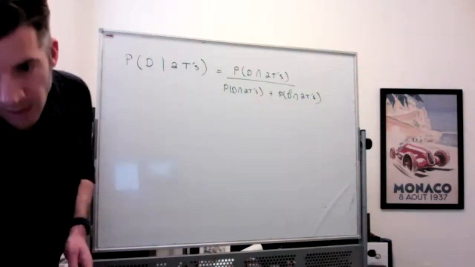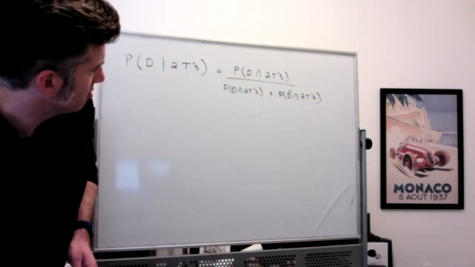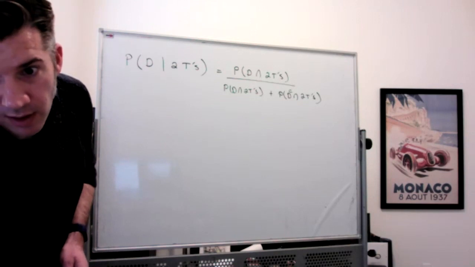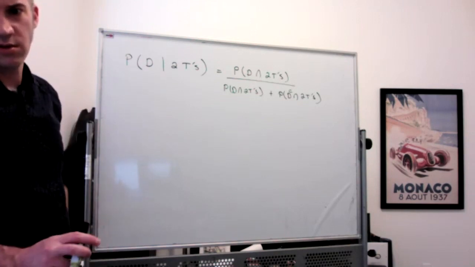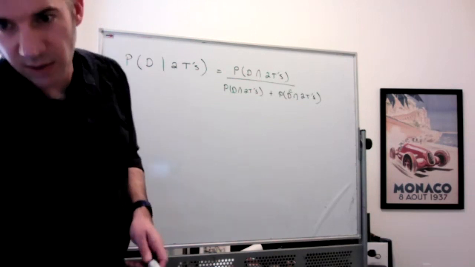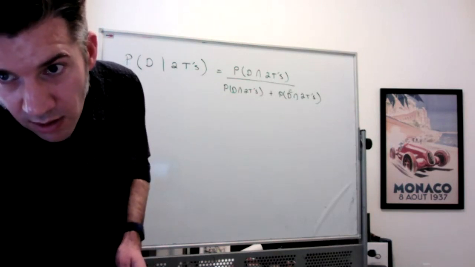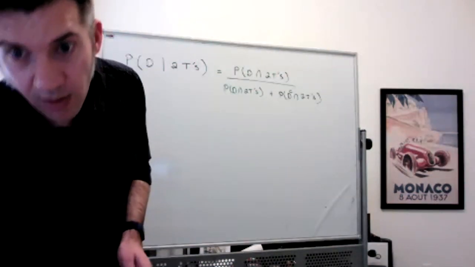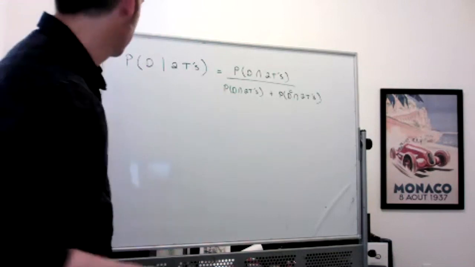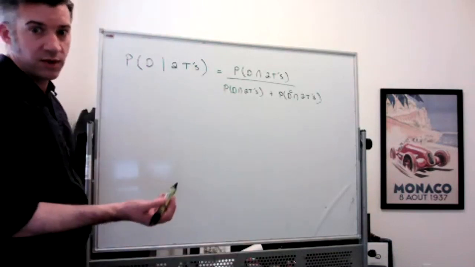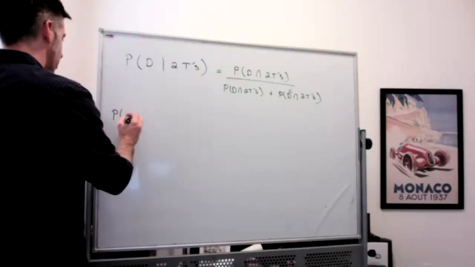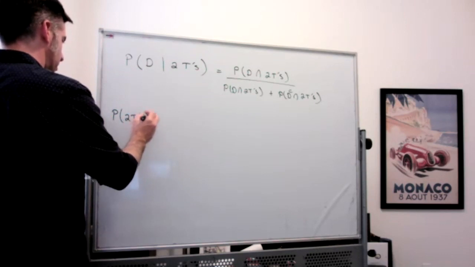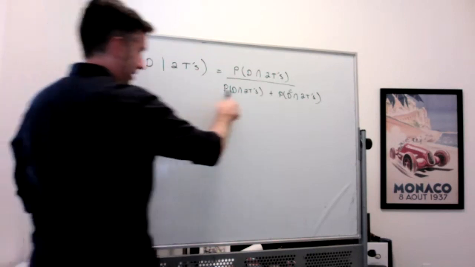Let me see, the numbers here look a lot more interesting. Let's make a table. So I want to know the probability of having 2 positive tests, right? I want to find this part here.